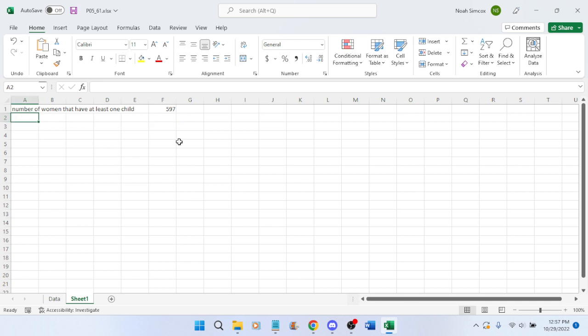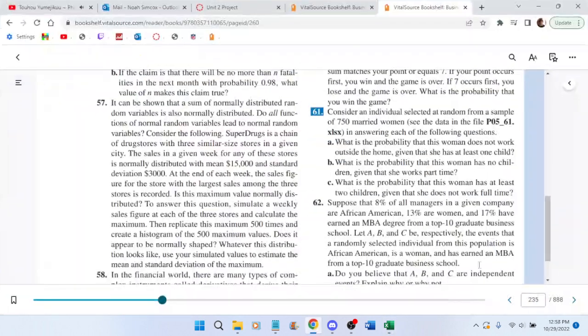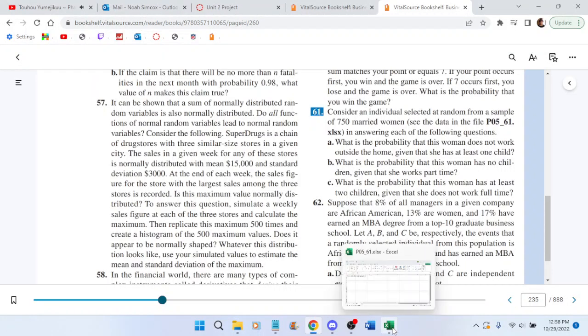So there we go. So now, given that there's a total amount of 597, what's the probability that they do not work outside the home? Does not work outside the home.